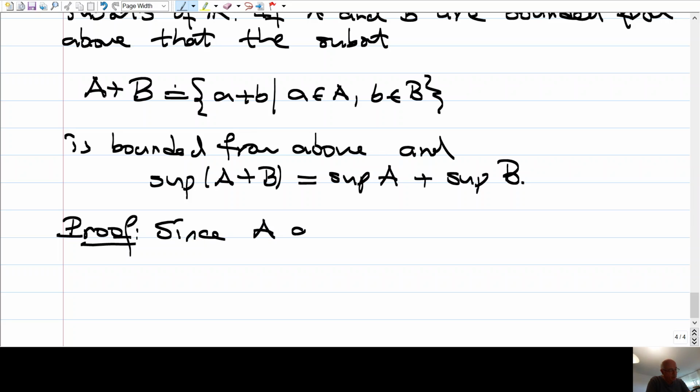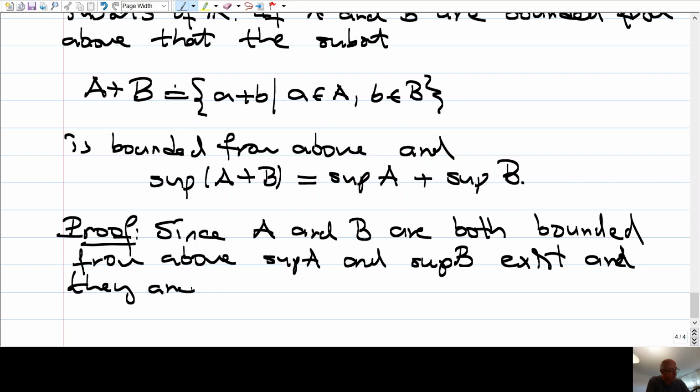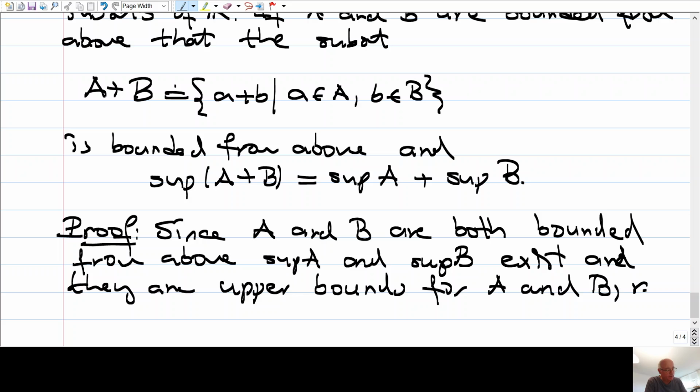Since A and B are both bounded from above, supremums exist, sup A and sup B exist, and they are upper bounds for A and B respectively, right?